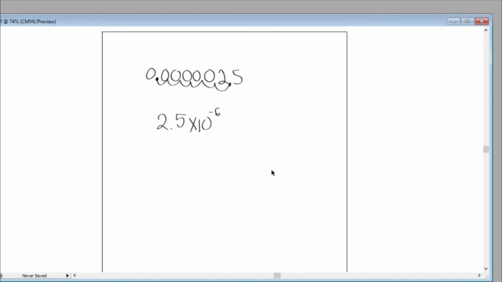One more thing to show y'all. Scientific notation is extremely useful because in science, where this is really used, we typically have very large or very small numbers that we're trying to do math with. I'll just come up with two numbers right off the top of my head.